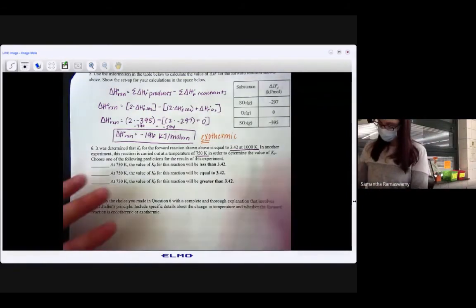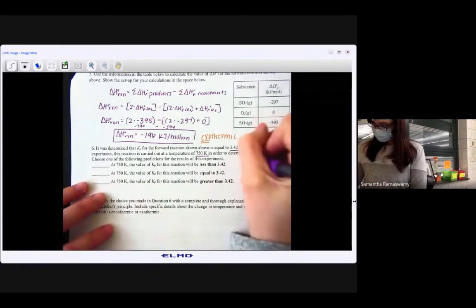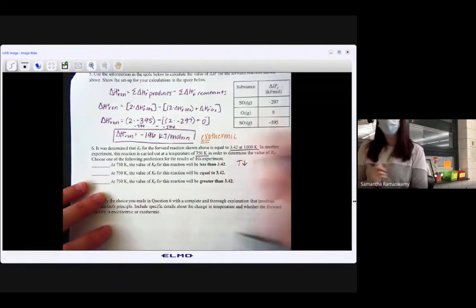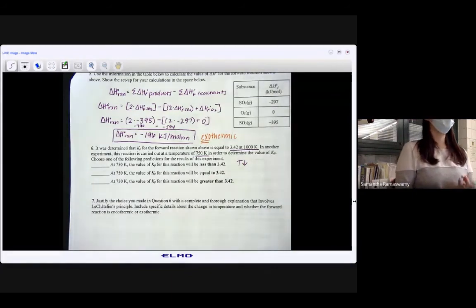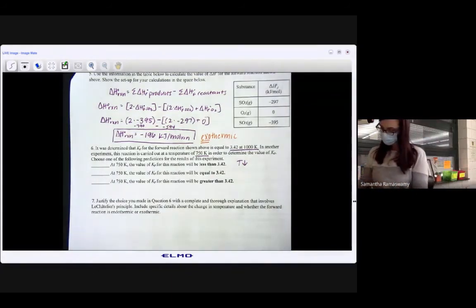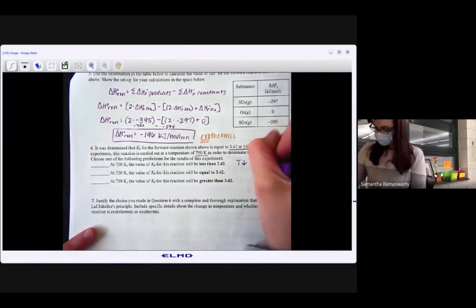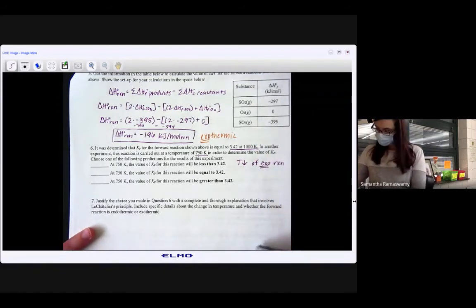So if we look here, temperature is decreasing. We're going from 1,000 Kelvin to 750 Kelvin. And temperature is decreasing of an exothermic reaction. That's important because it's an inverse relationship.